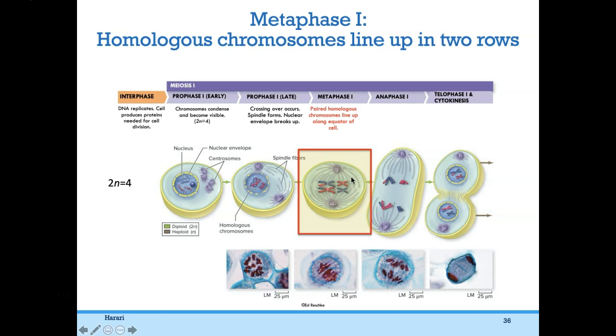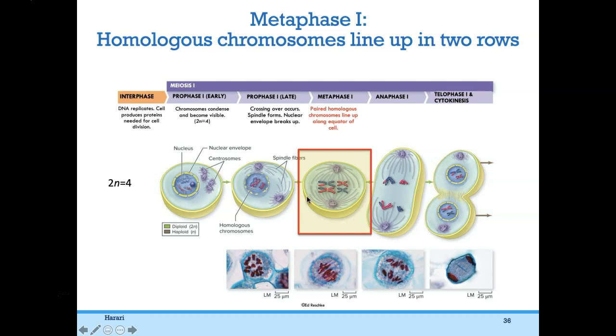But in metaphase I of meiosis, we have the homologous chromosomes lining up, and each microtubule only grabs onto one pair. So we're going to zoom into this up close in a bit. But each microtubule is grabbing onto one pair of homologous chromosomes. And in Anaphase I, we're going to see homologous chromosomes separate.